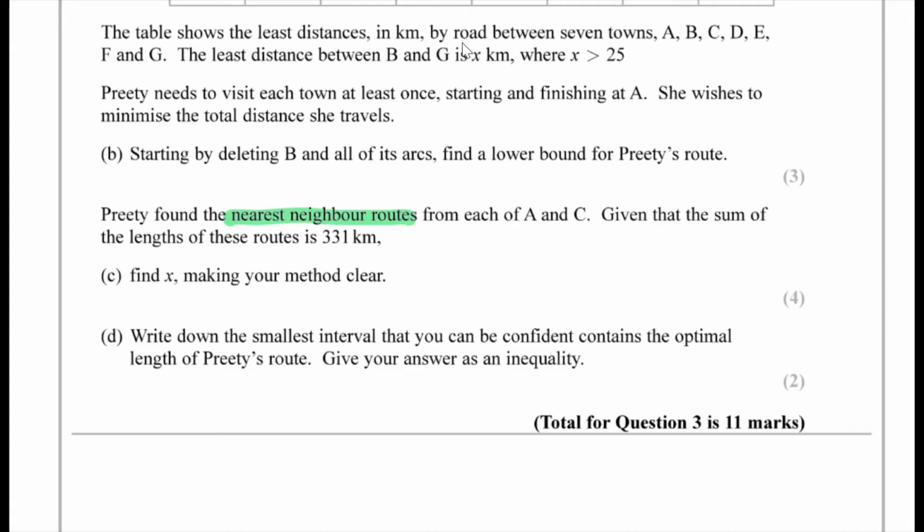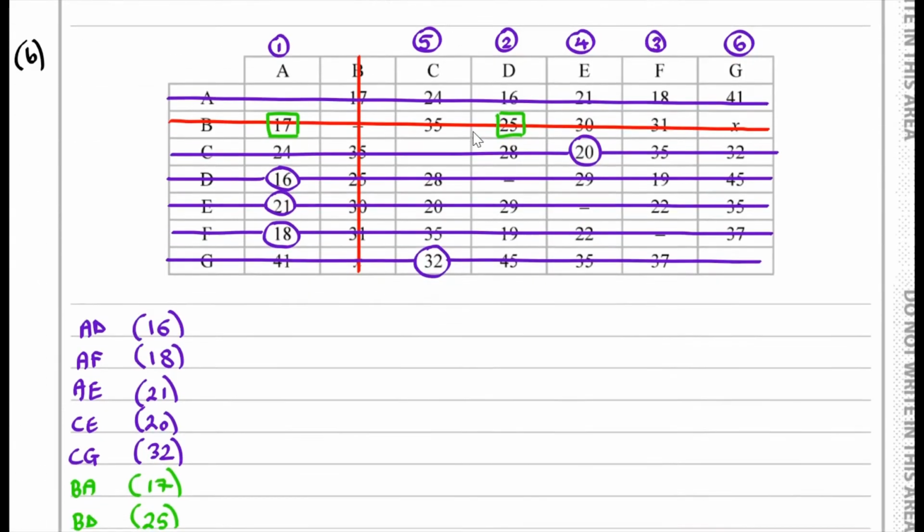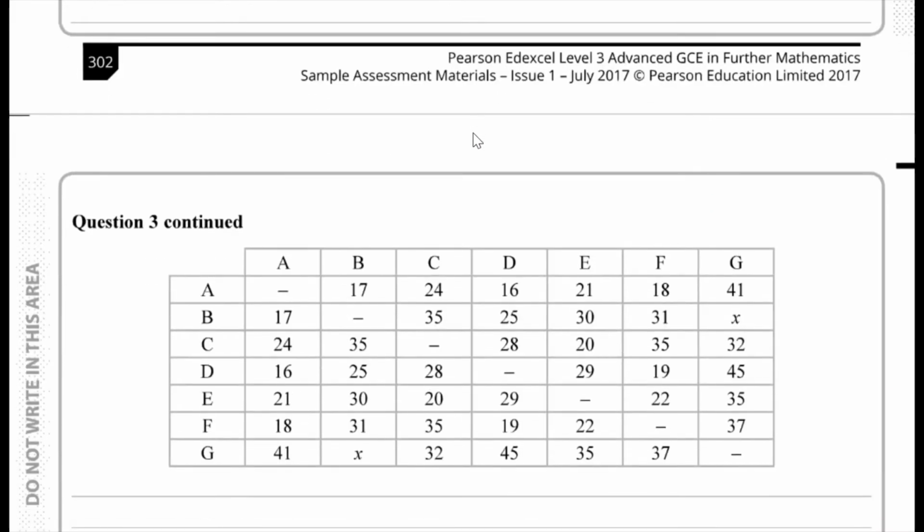Okay, so of course if we start at A, we will label A with a number 1, and then we'll delete this entire row of A, and then we look down there for the smallest one. The smallest one over here is this 16.